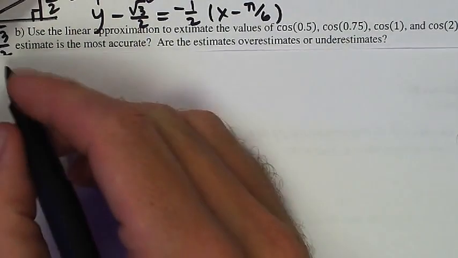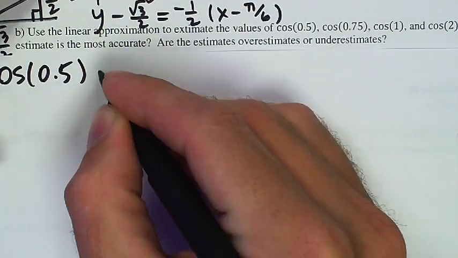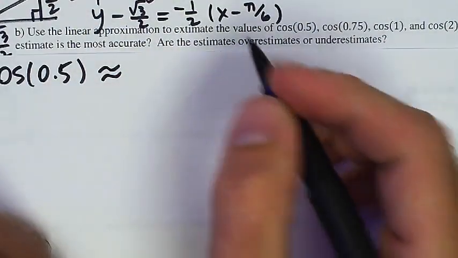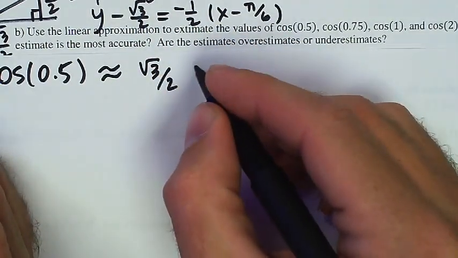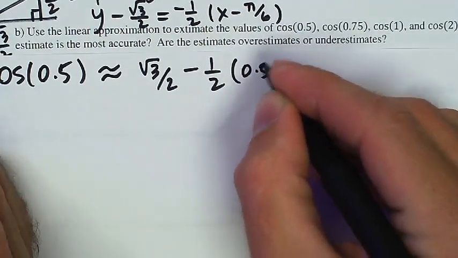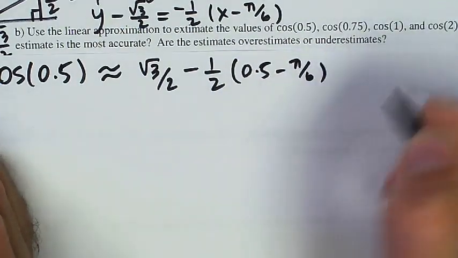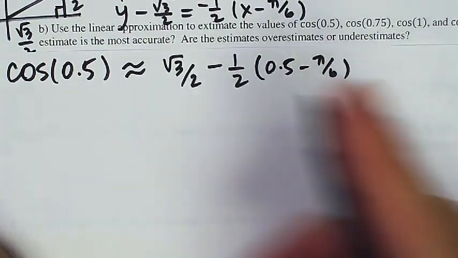All right. So I'm going to say cosine of 0.5 is approximately equal to root 3 over 2 minus 1/2 of 0.5 minus pi over 6. You could distribute that if you wanted to, but I don't really feel like it.